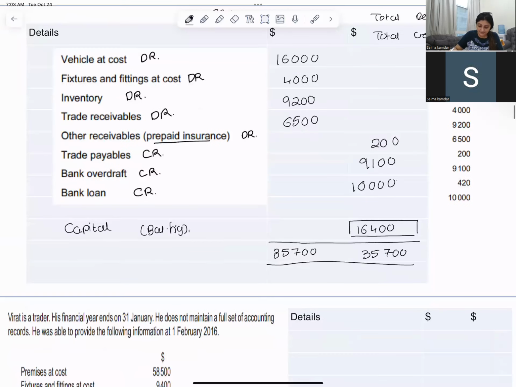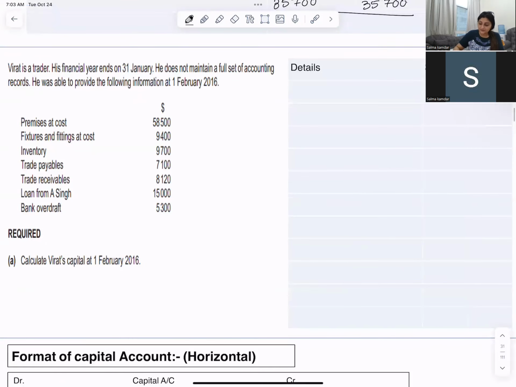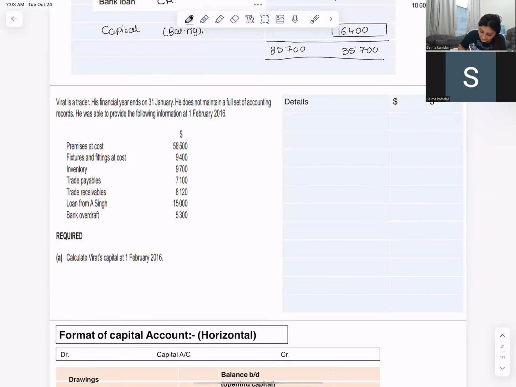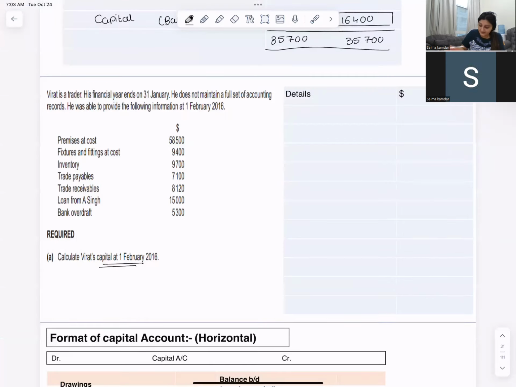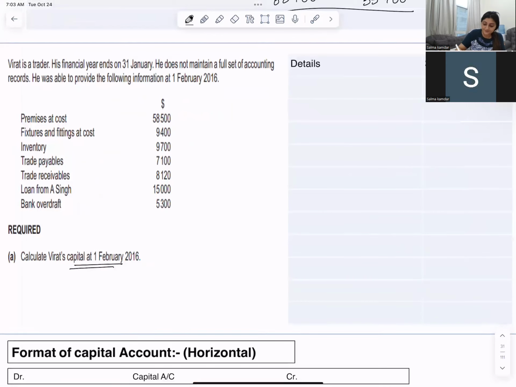Let's do the next sum. What have they asked us to calculate? Capital. When I have to find out capital, that means a statement of affairs, all debit minus all credit. Premises at cost. What is it? Debit. Fixtures and fittings at cost, debit.